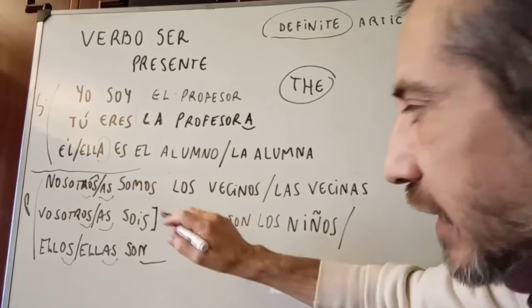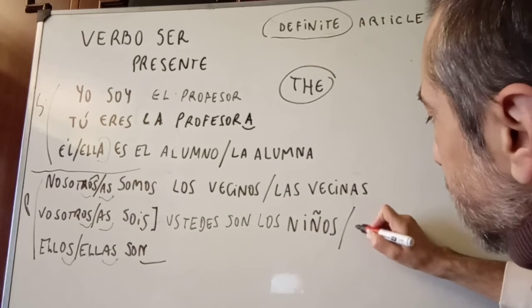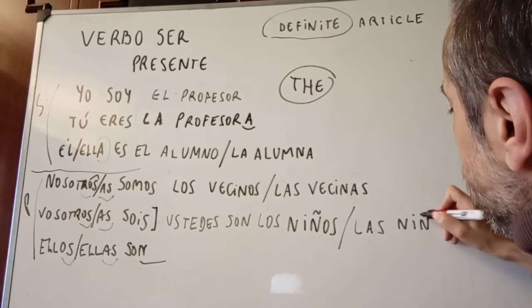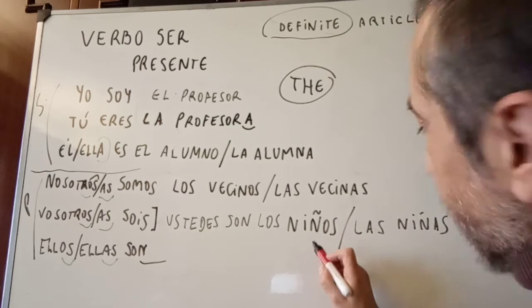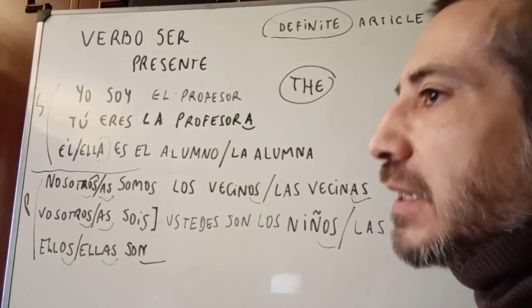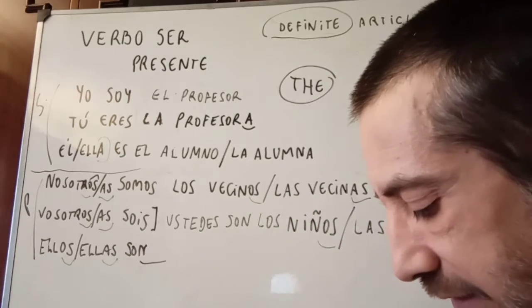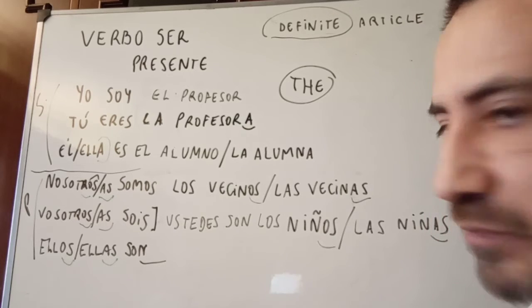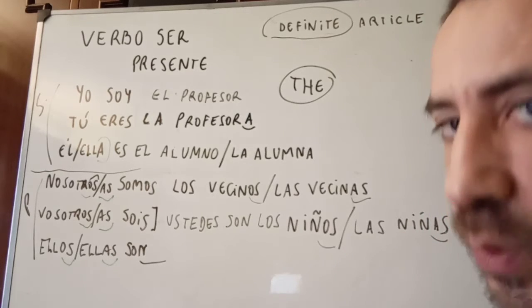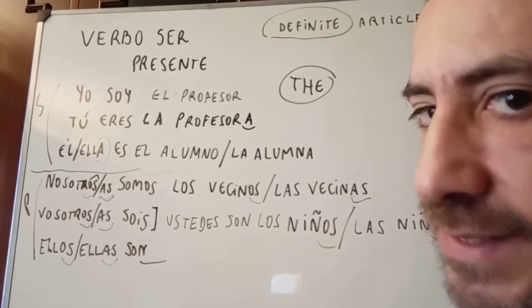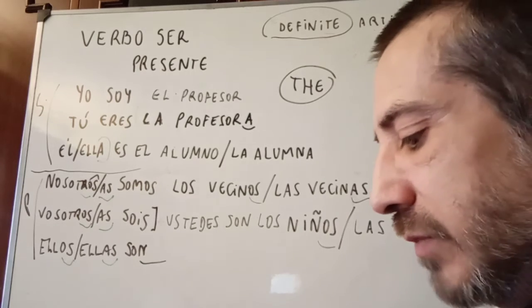Vosotras sois las niñas. You are the little girls. Los niños, las niñas. ¿Sí? Os, as. But I repeat, these are the easiest examples. It's not always like that, but let's go step by step from easier things to harder ones.